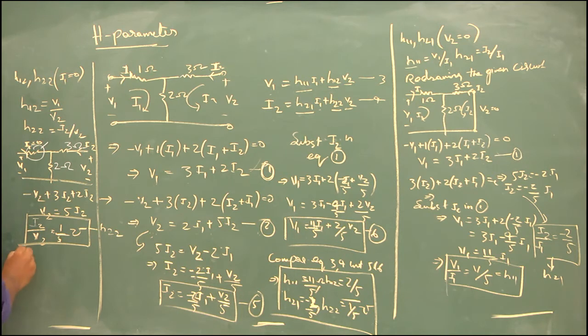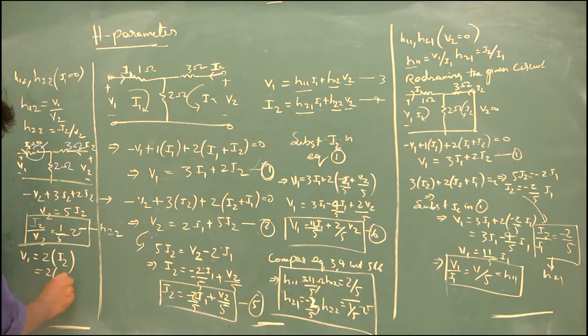V1 we directly have, the voltage acting across 2 ohms, that is 2 into, what is the current flowing? Current I2 only is flowing, there is no involvement of I1. Therefore 2 into current I2. From the earlier equation we have I2 equal to V2 by 5.